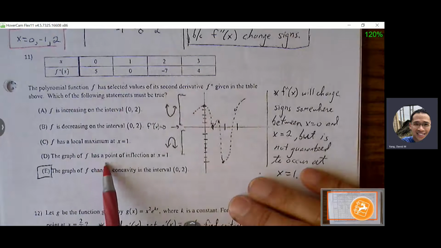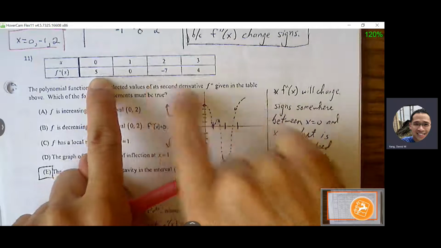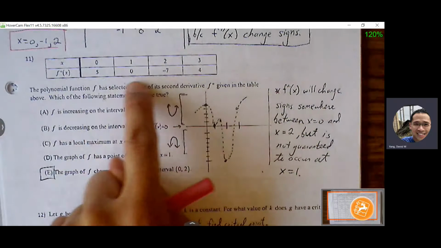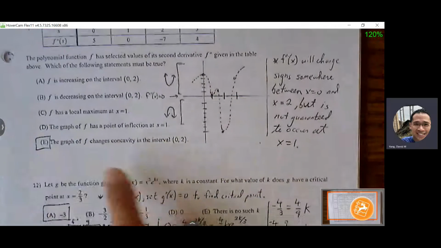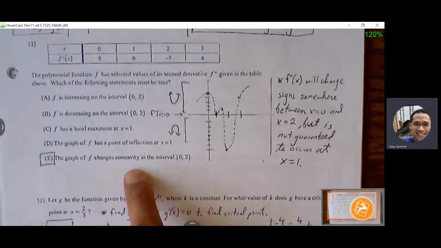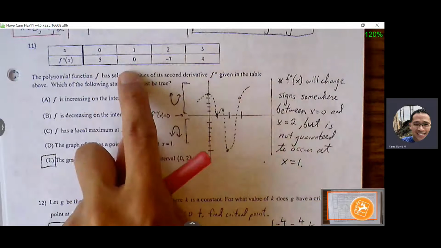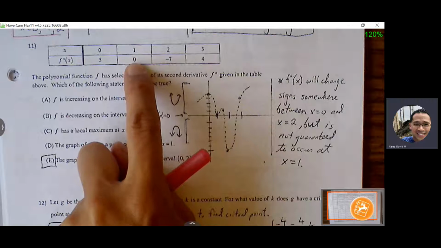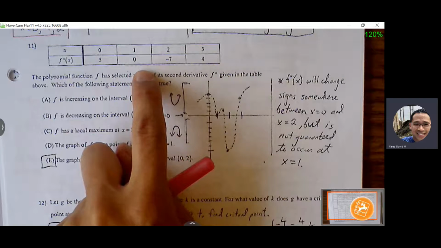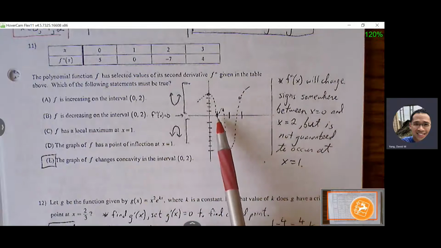So our answer choice is not going to be C. However, we do see a change in sign, and the graph is connected, so it must cross the x-axis somewhere between. And so that's the best we can say, that the graph is going to change concavity somewhere in this interval from 0 to 2. We see a change in sign, but it's not guaranteed to be at 1. It could be at a value slightly to the left or to the right. It may not cross the x-axis like the graph I drew here.